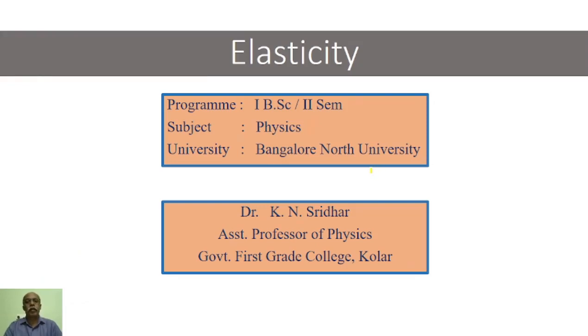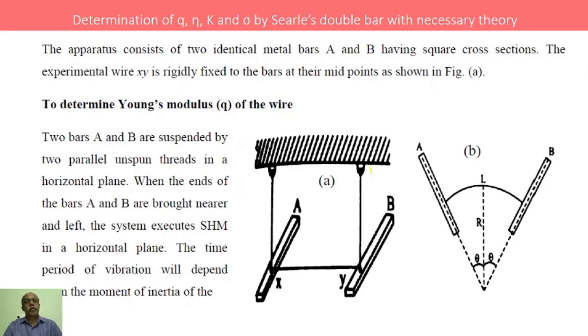Good morning. Welcome back. We are now discussing the determination of the moduli of elasticity, that is Young's modulus, rigidity modulus, bulk modulus, and Poisson's ratio, by a method known as Searle's double bar.